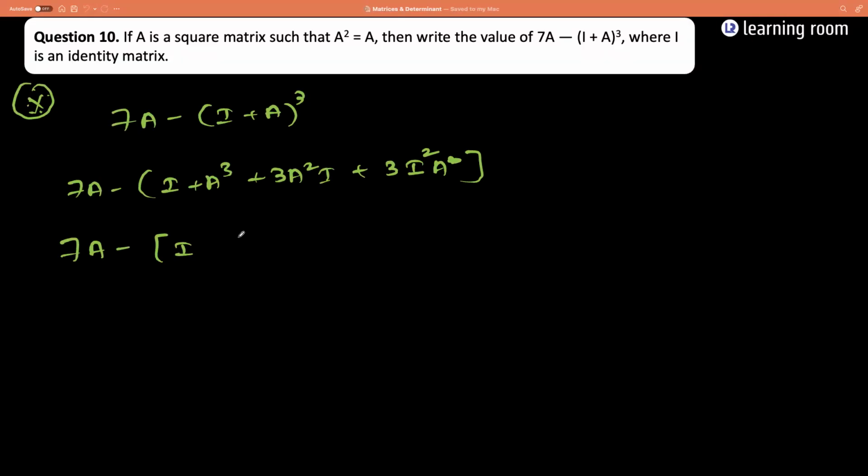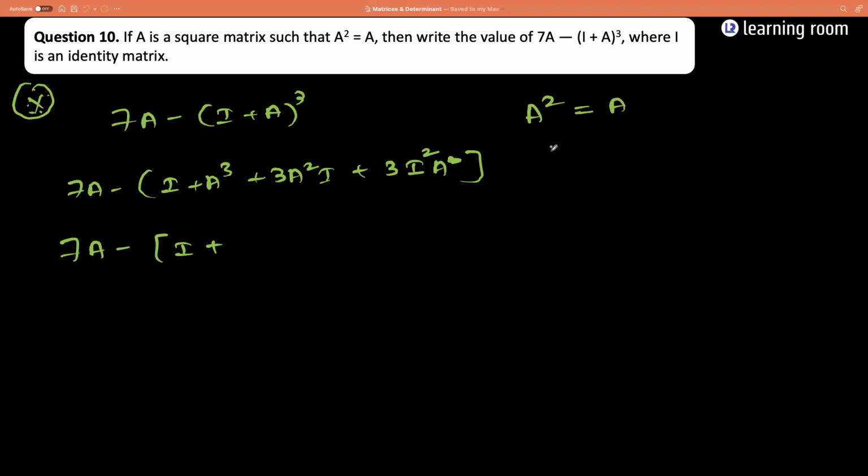Correct. So for 7A minus I plus A cube, since A square is equal to A, can we pre-multiply by A inverse? Yes, you can do that.